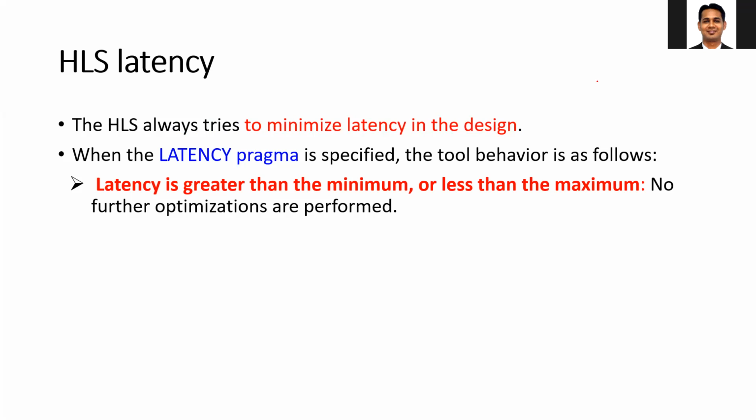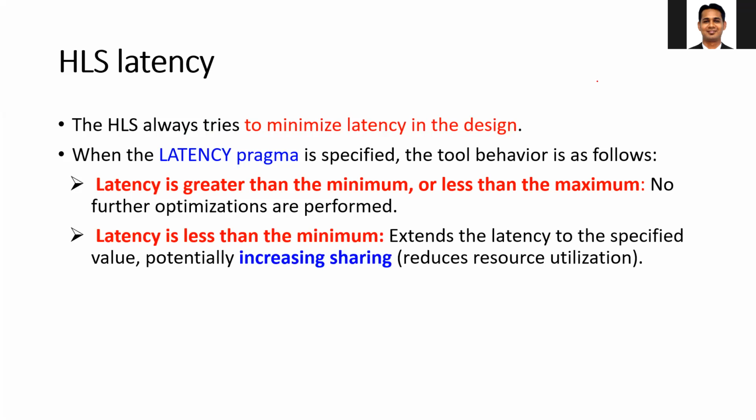Now suppose that the first architecture the tool has generated has a latency between the minimum and the maximum. In that case, the tool doesn't need to do any further optimization. The tool can stop and give you the corresponding output.